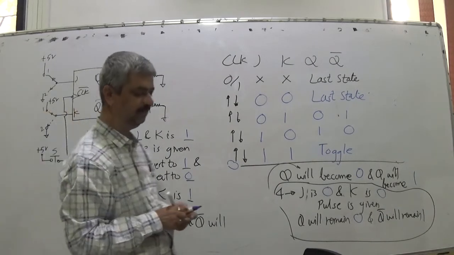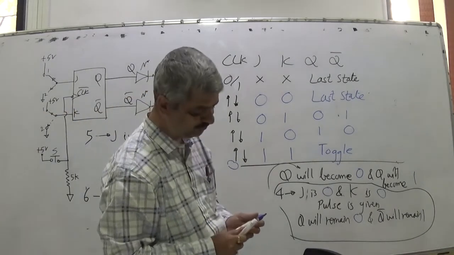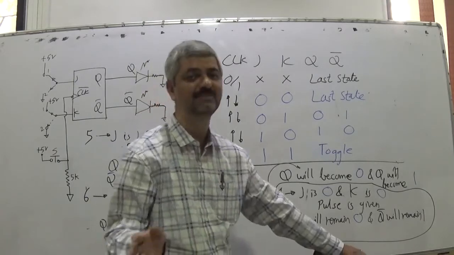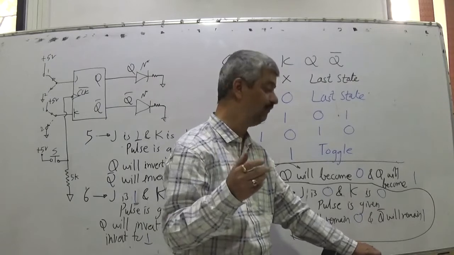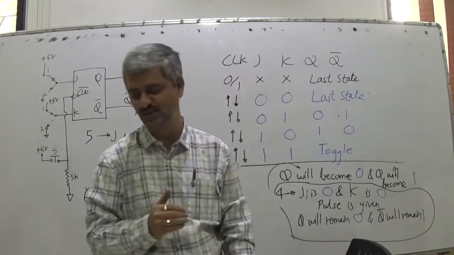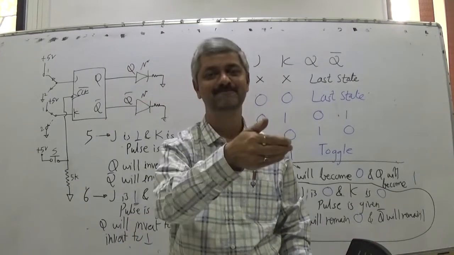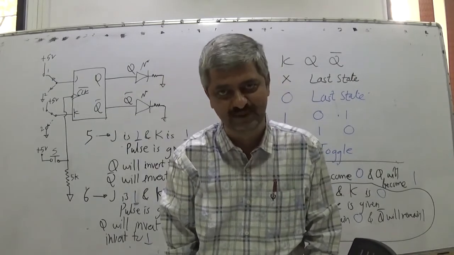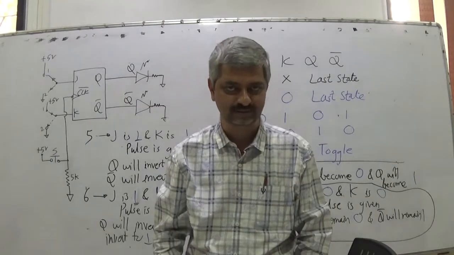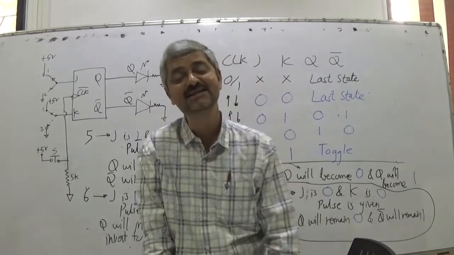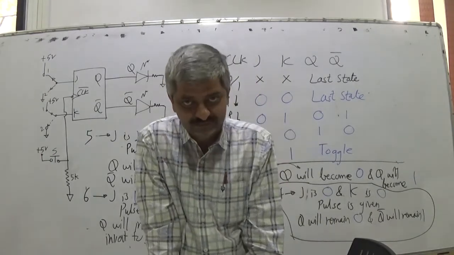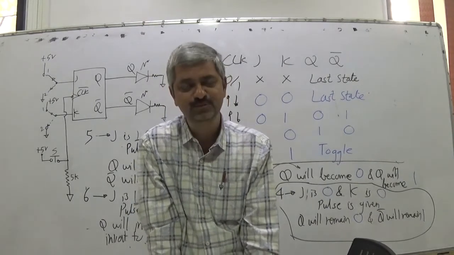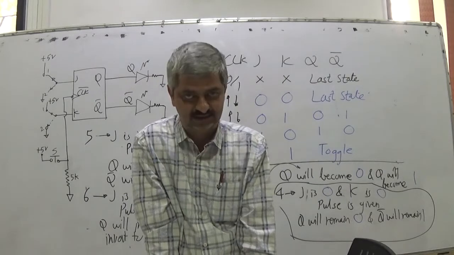So in case of input 0 0 and 1 1, both outputs are possible depending upon the last state. But in case of input 0 1 and 1 0, they set or reset. So input 1 0 sets the flip flop, Q becomes 1. Input 0 1 resets the flip flop, Q becomes 0. Input 0 0 maintains the last state. Input 1 1 toggles the last state.